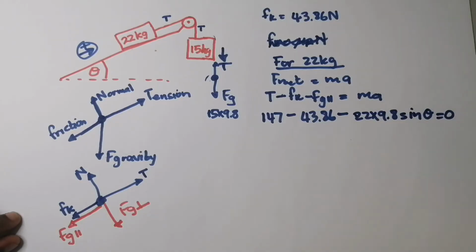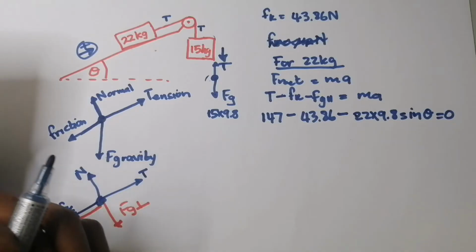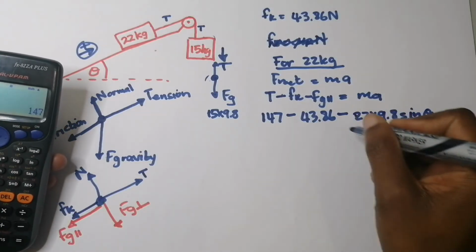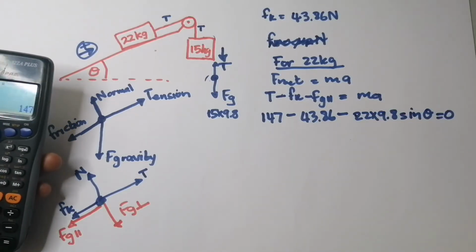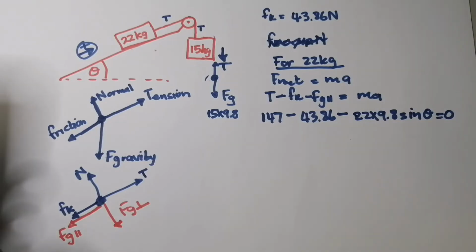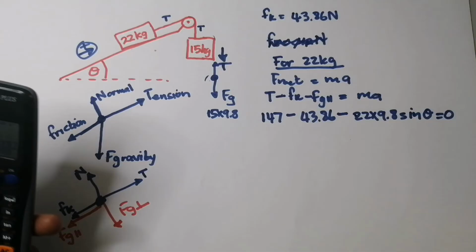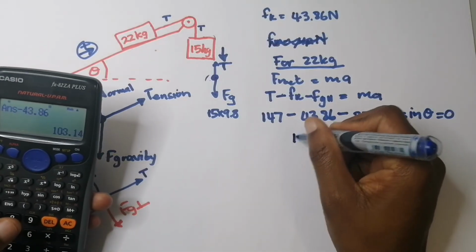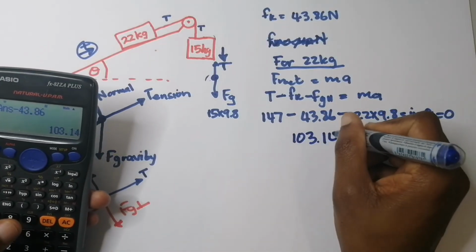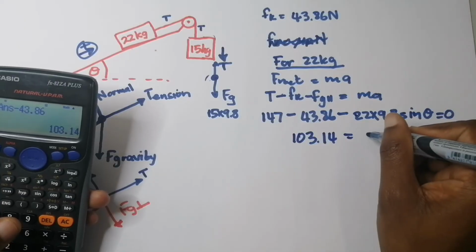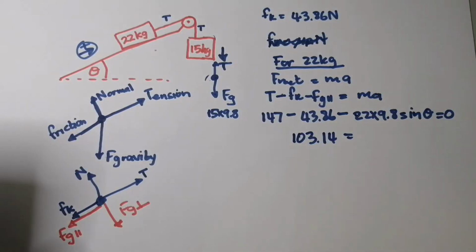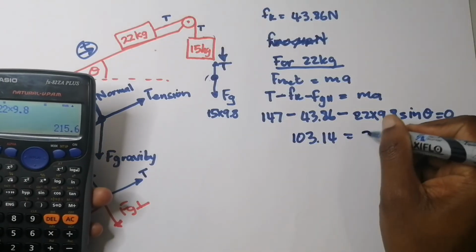Okay, so of course all that's left for us to do is some mathematical magic. All right, so that's 147 minus 43.86. Okay, so this is going to give us 103.14, which is equal to 22 times 9.8, that would be 215.6.